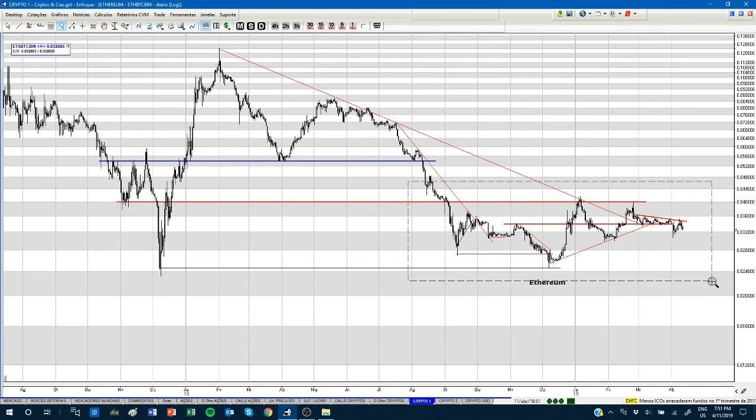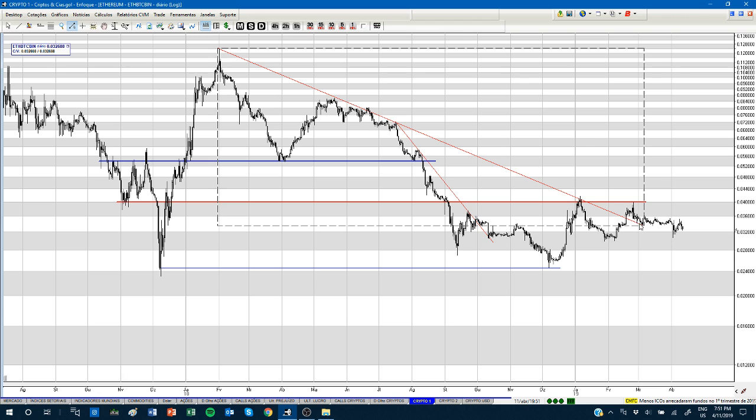Ethereum. Well, Ethereum, my son reminded me today that this could well be a head and shoulders formation, an inverted head and shoulders formation. So far, this trend line has been broken, or we could adjust it to here, but I don't think so.